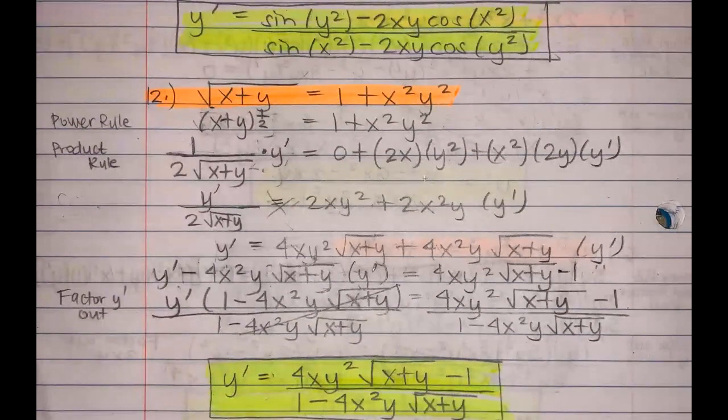Hold on 1 second. Okay, you see this is a composition, right? So you have something raised by half, then you get a 1/2 of the square root on the bottom. Now, what's the derivative of the inside, x plus y?